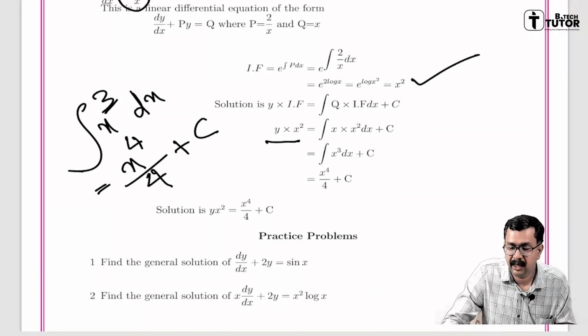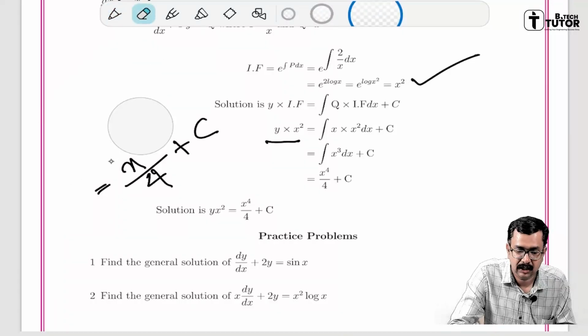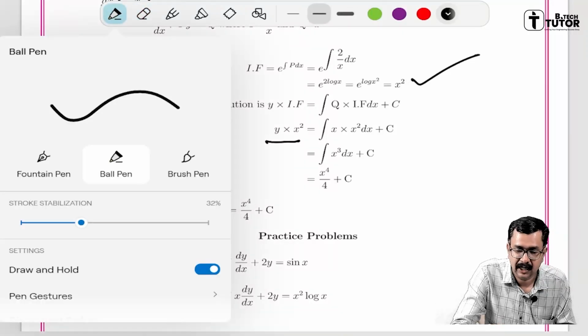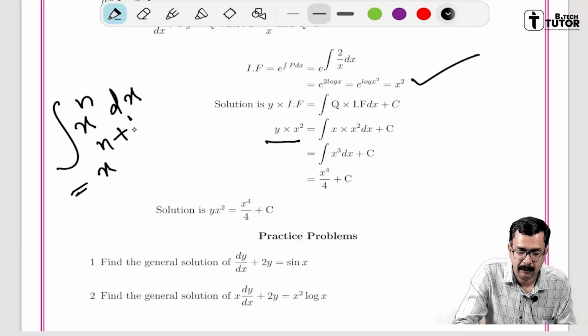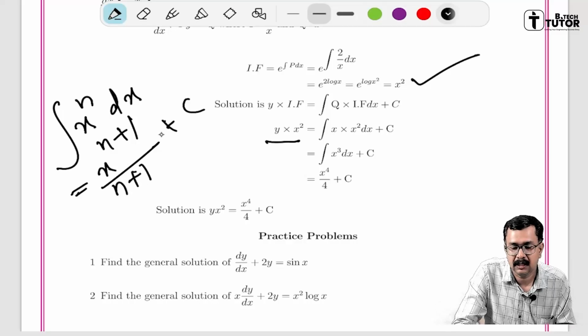Remember that. What is our standard equation? Our standard equation is integral x raised to n dx equals x raised to n plus 1 divided by n plus 1 plus c.